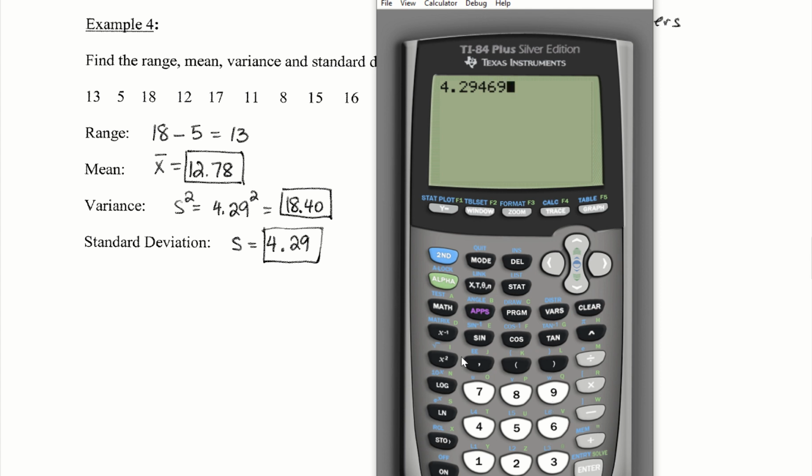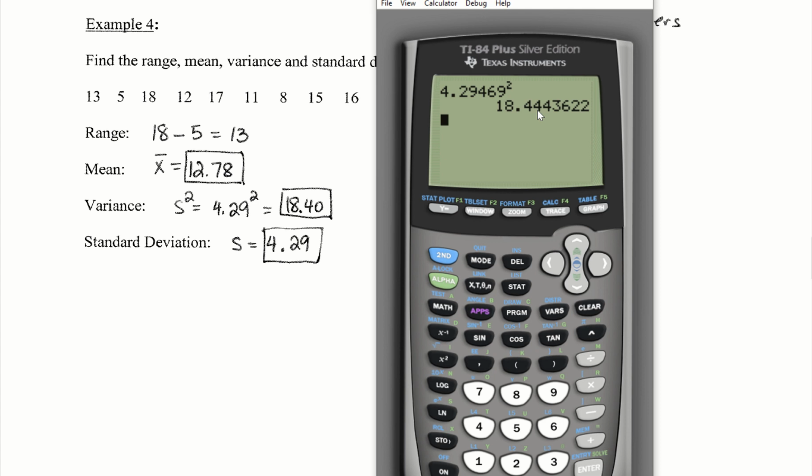And then I can go ahead and square it, and that squared key is the x squared button. It's right here. Go ahead and hit enter, and notice that it does throw it off by a little bit. Our answer is a little bit more accurate than what we had in the notes here because we took it out a few more spots.